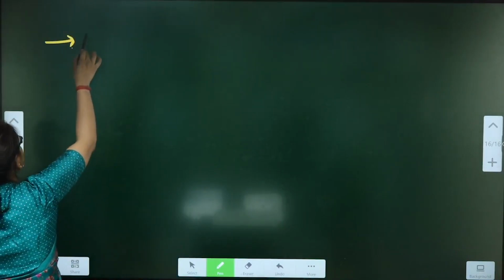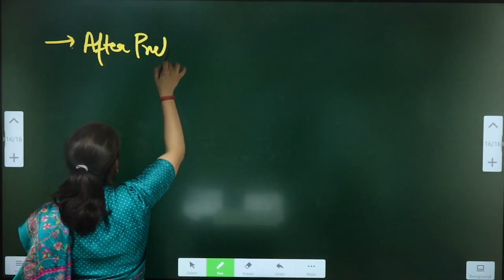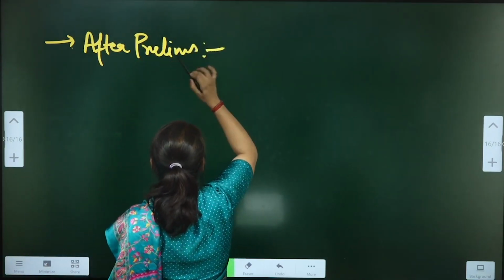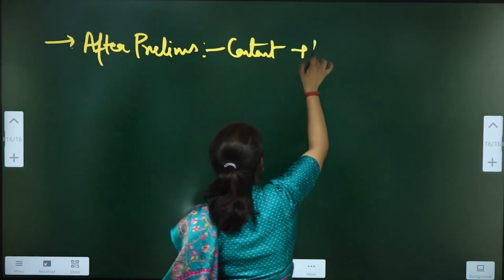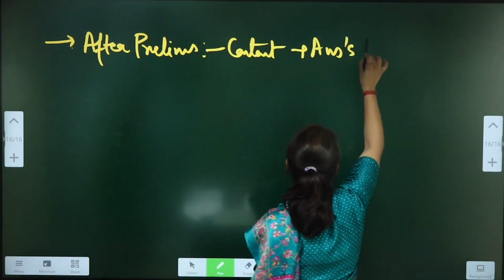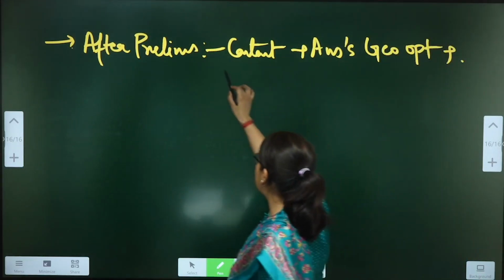After prelims, bacho, now you will open up all the entire content, all the answers that you have written for geography optional. Along with that, you will also have the toppers' model answers.